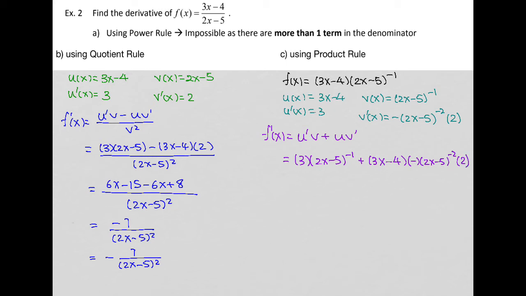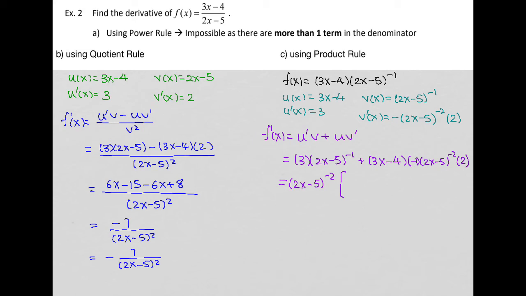And let's look at what they have in common. They have 2x minus 5 in common, but between negative 1 and negative 2, negative 2 is the smaller exponent, so we're going to factor out (2x minus 5) to the exponent negative 2.